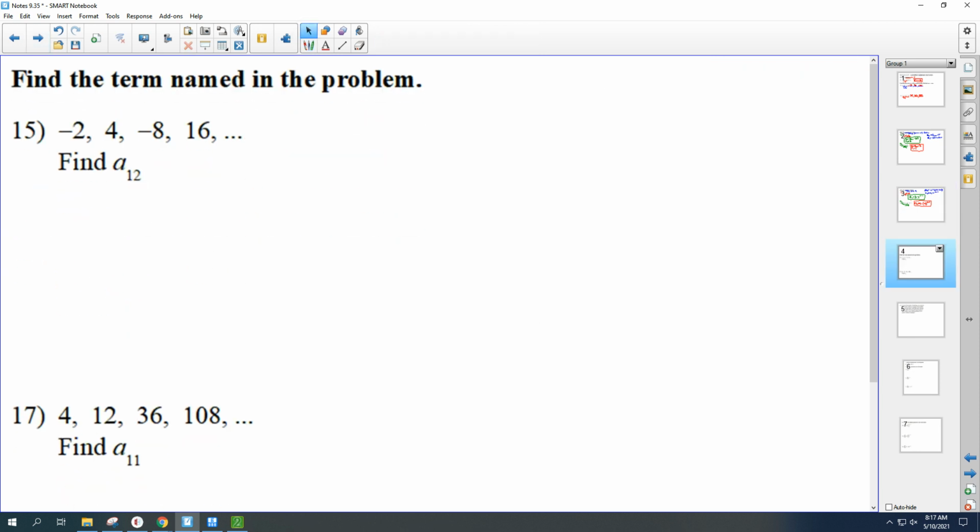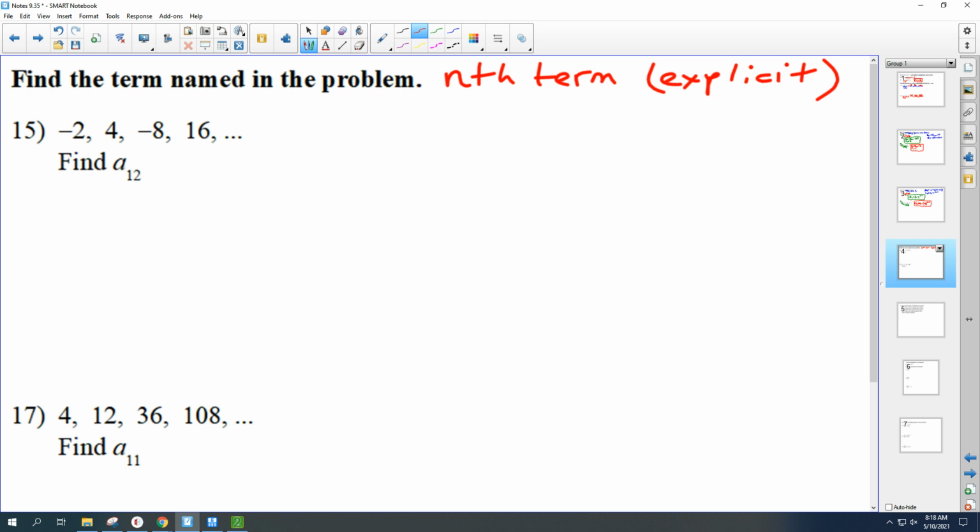Next, number 15, find the nth term. We're talking about the nth term here. And so they're basically asking you to use the explicit formula, okay? The difference is, though, we know n. N in this problem is 12.